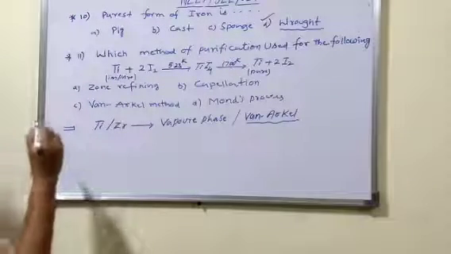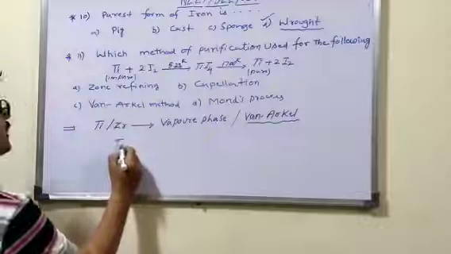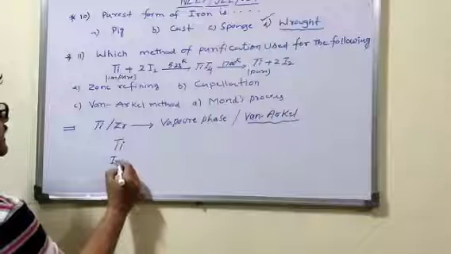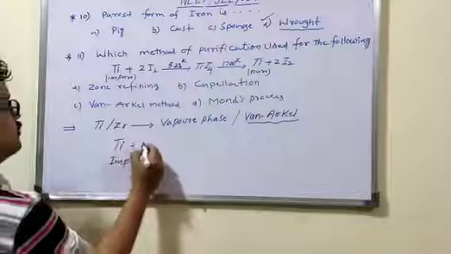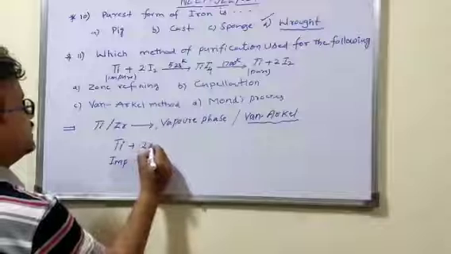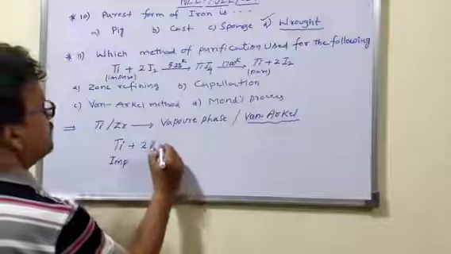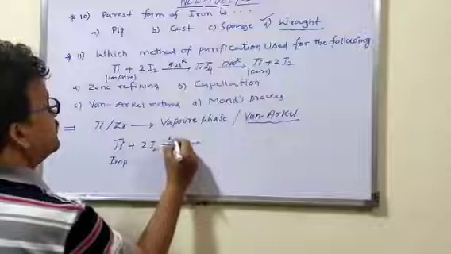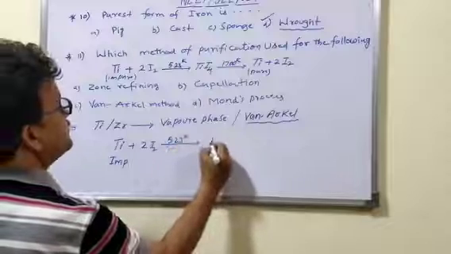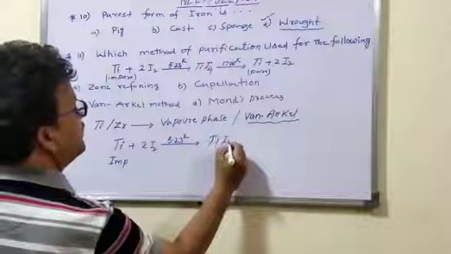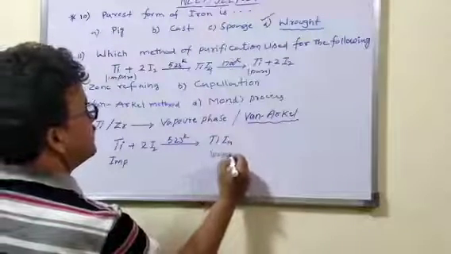What are we doing here? We are converting impure metal to a volatile compound. Clear? Titanium tetraiodide we got. This is volatile.